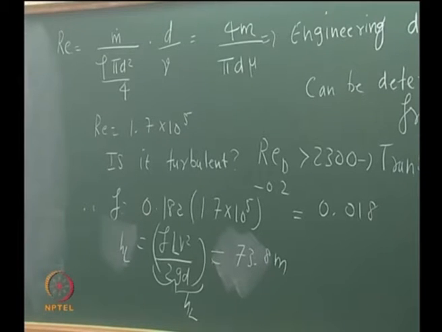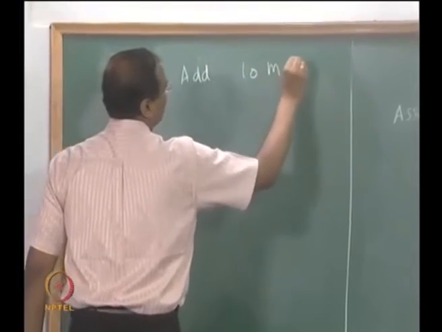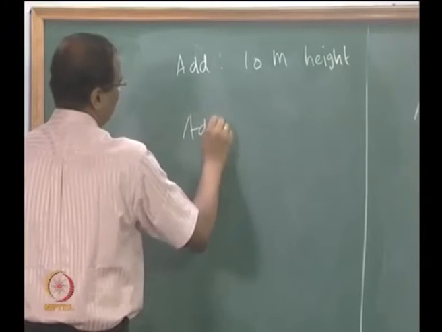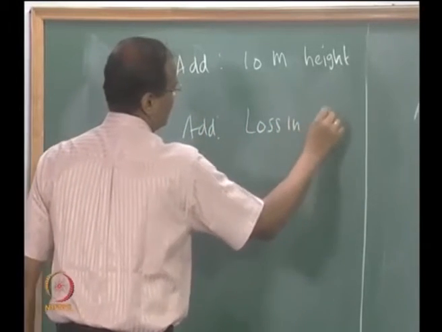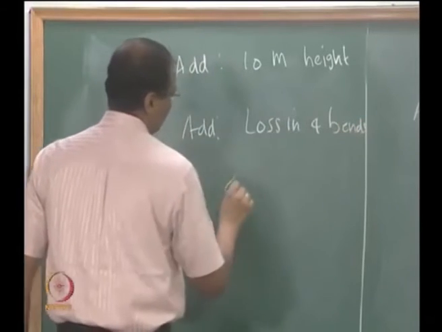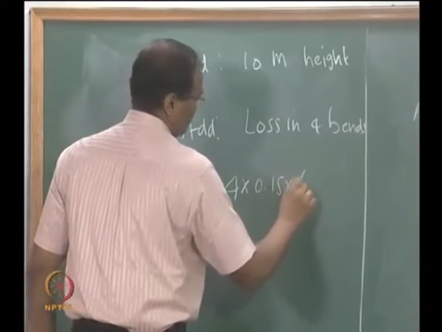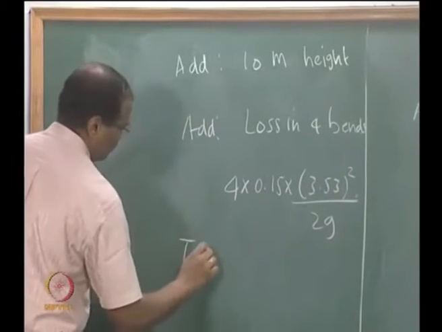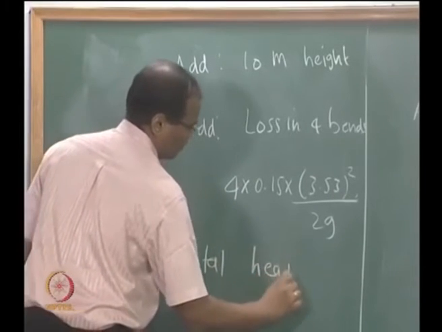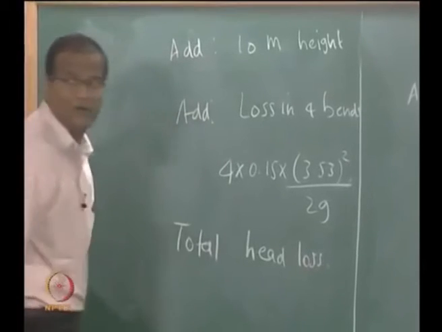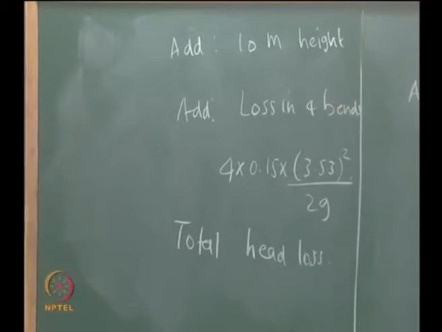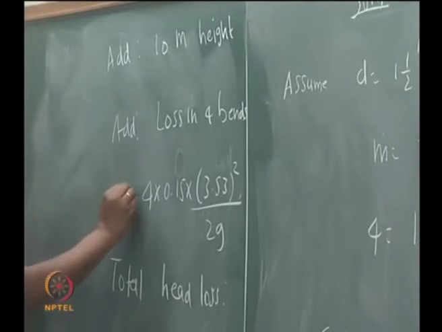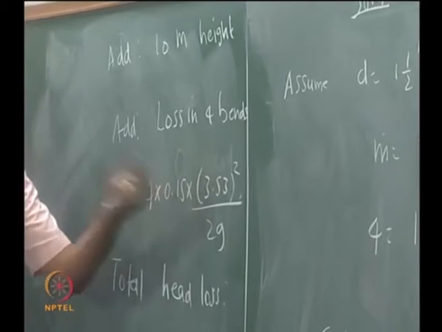Now, add. Total head loss is 73.8 plus 10 plus how much is this? 4 bends, 4 K V squared by 2g.